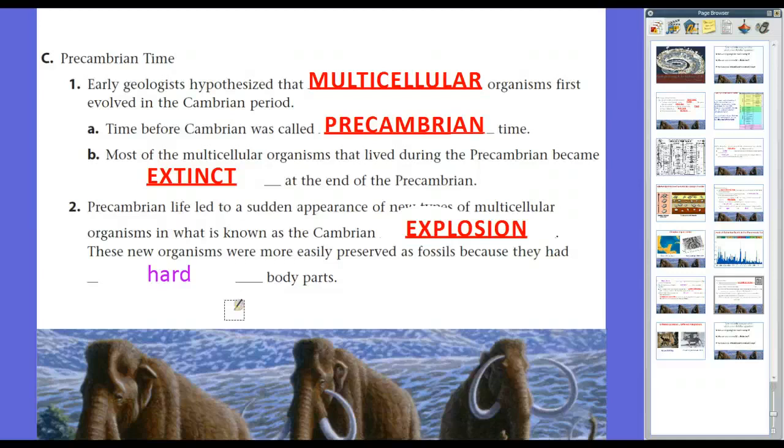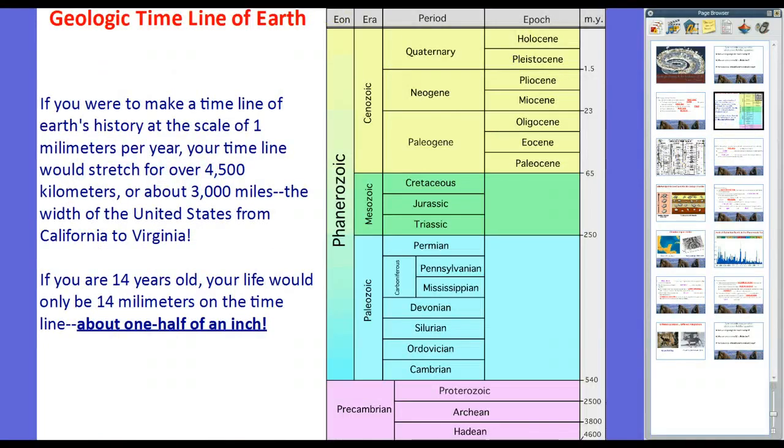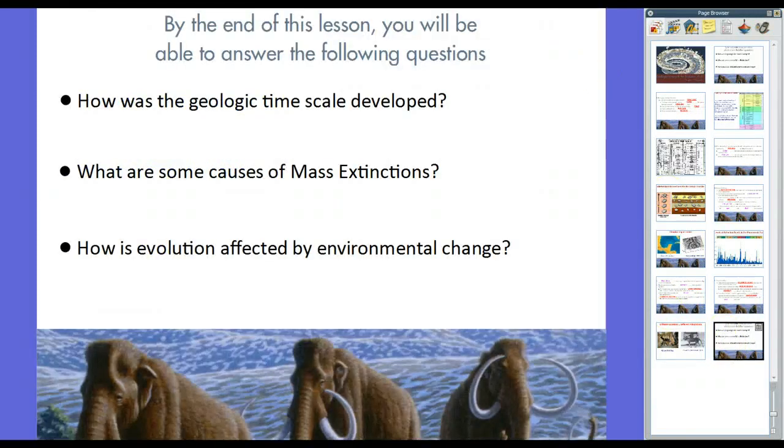In terms of the geologic timeline, we've covered about 4 billion years. Precambrian time makes up about 4 billion years. We started talking about the Cambrian explosion, and we're going to move through each lesson, sitting on the Paleozoic, the Mesozoic, and then the Cenozoic. Okay, let's wrap up this lesson.